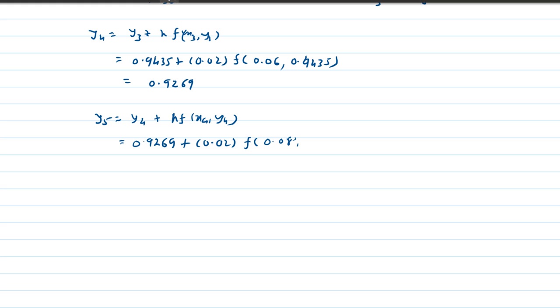Finally, simplification gives you 0.9133. So this is the required answer. We can say that at x equal to 0.1, y will be 0.913.